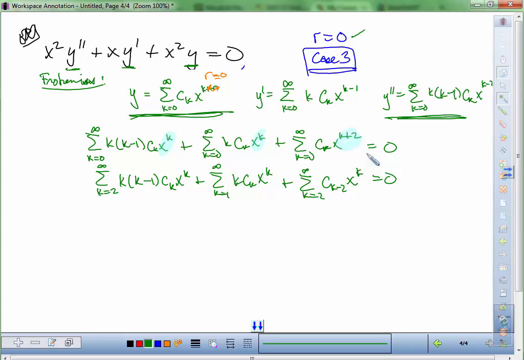Is that okay so far? All right. So they're almost all aligned here except when k is equal to 1. So I'm going to make a special case when k is equal to 1. That'll give me 1 C1 x to the first power.